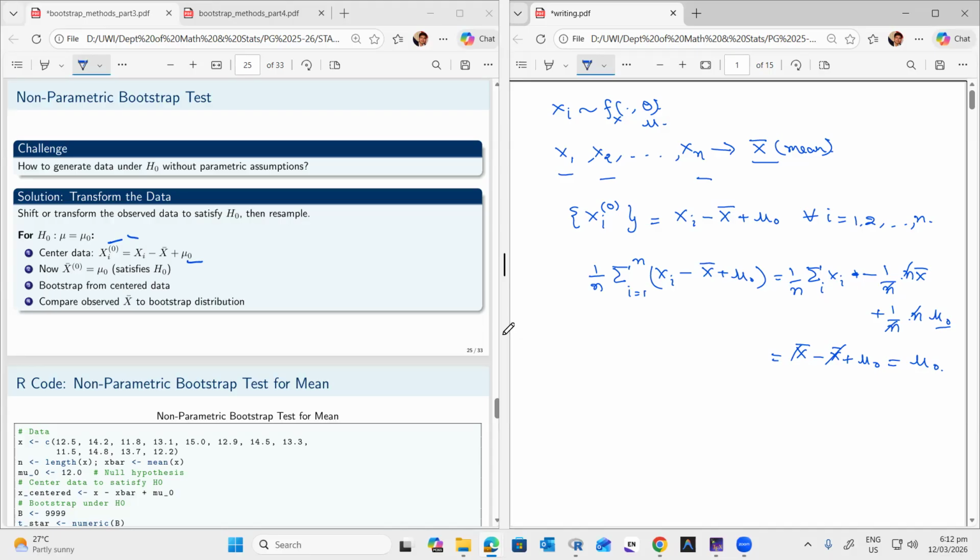In the fourth step, we compare our T observed, which we discussed in the previous lecture, to the bootstrap distribution and include the plus one correction.